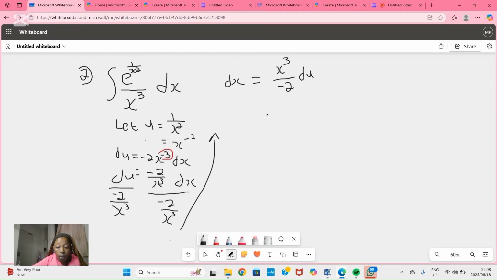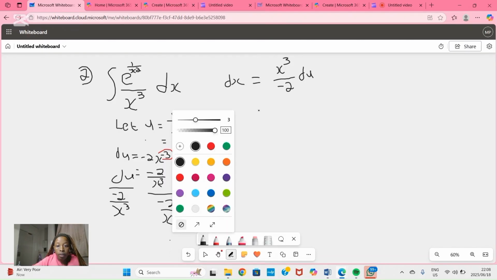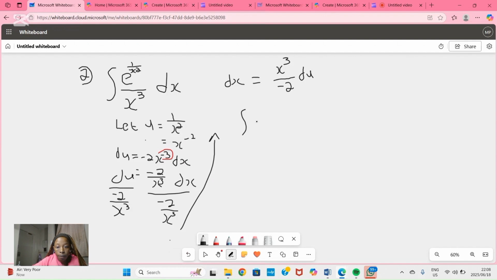So we're coming back to our equation. Since we said u is equal to 1 over x squared, when writing our equation this side, you're going to replace 1 over x squared by u. We're going to have an integral of e to the exponent u, since we said 1 over x squared is equal to u.